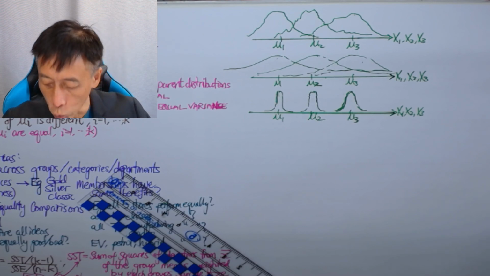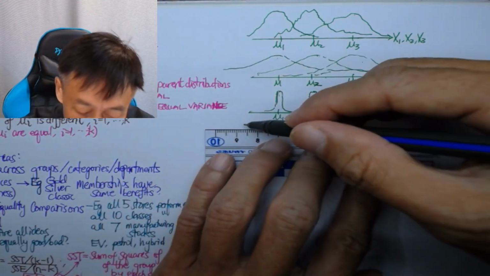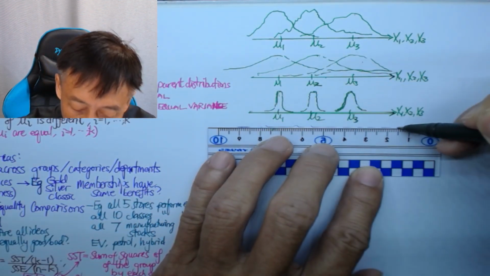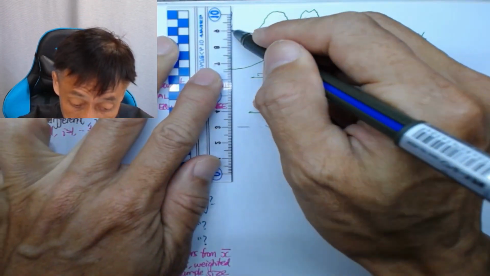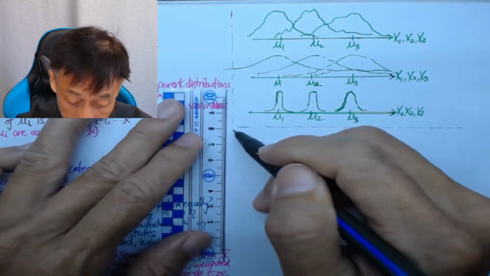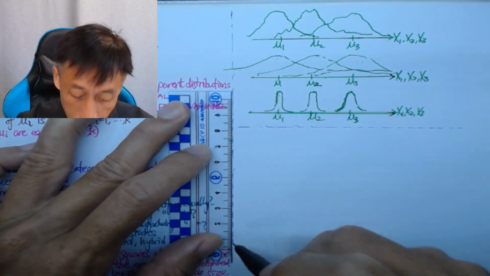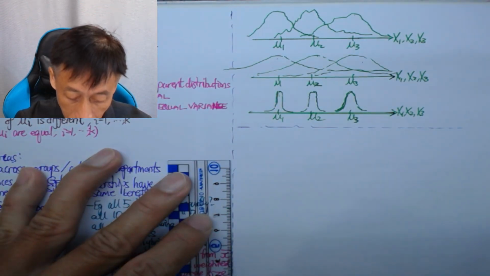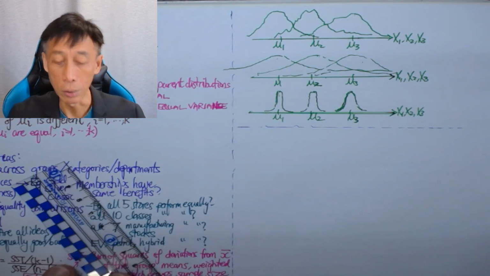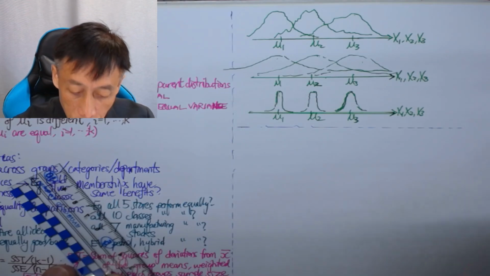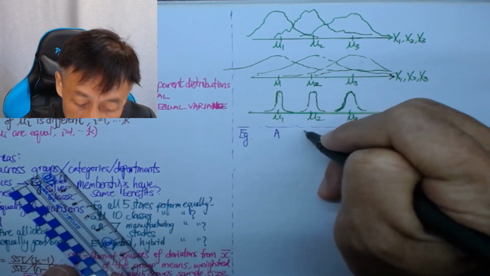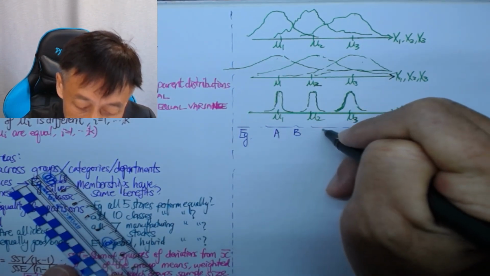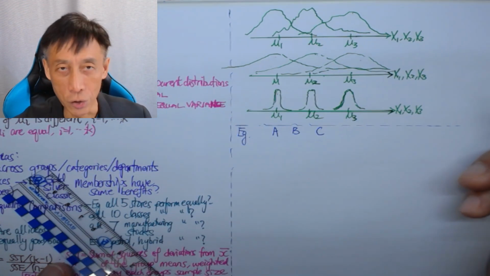Okay, what I'd like to do now is to first draw a boundary, to give us a bit of room and clarity. Now I want to quickly give an illustration that we have three sets of data, A, B, C, which I just call generically.